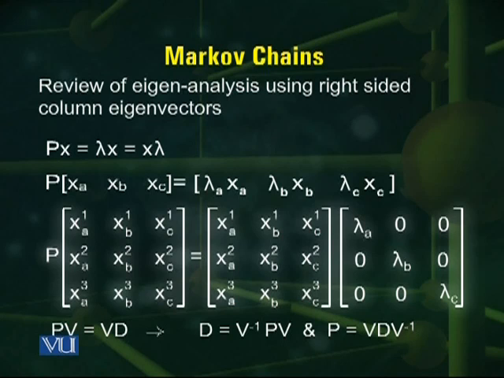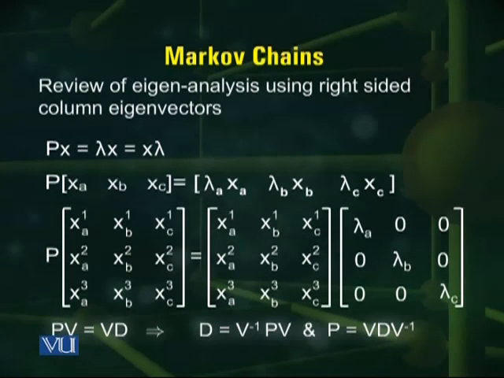If we represent this matrix of 3 eigenvectors with V and this diagonal matrix of 3 eigenvalues with D, then this whole matrix multiplication equation becomes PV is equal to V times D. So it's important to observe this, that if we are using the right-sided column type eigenvectors and we put 3 column vectors side by side to form this square matrix, then the equation relating P and this matrix and the diagonal matrix happens to have V closer to the equality.